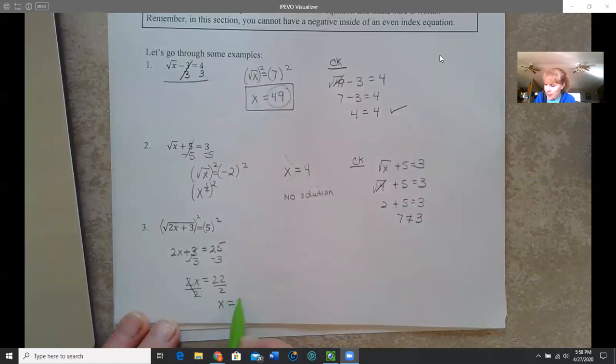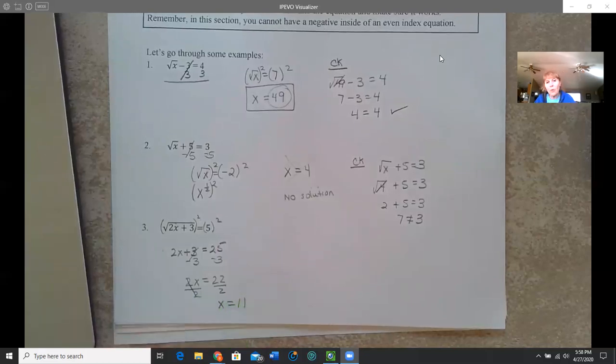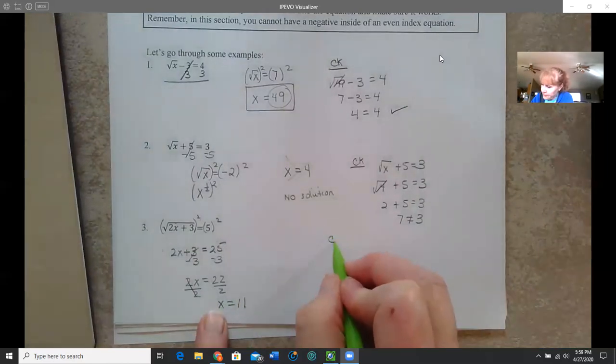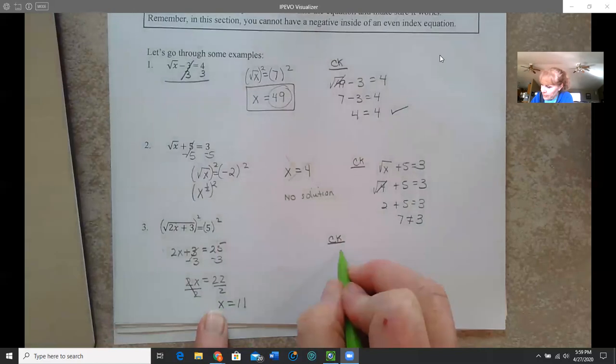X equals 11. So before we say that's a solution, we're going to go back and do a check, put it into the original, make sure that we don't have any negatives inside of a radical, and we need to make sure that the left truly does equal the right. So let's go ahead and do our check. Does 11 work? So we've got the square root.